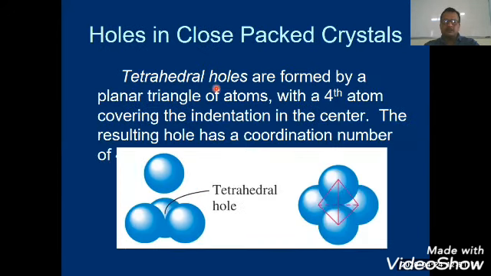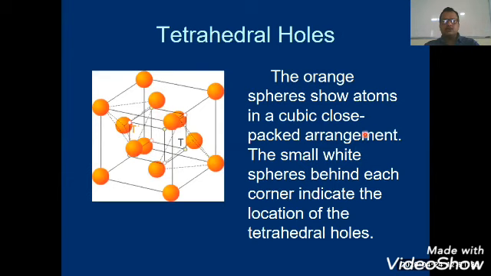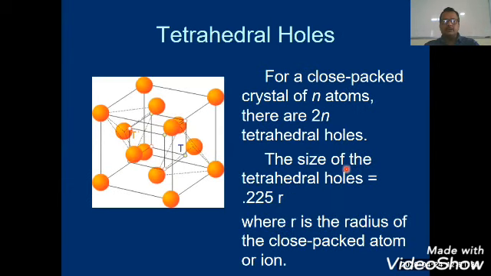For a close packed crystal structure of n atoms, there will be 2n number of tetrahedral holes.